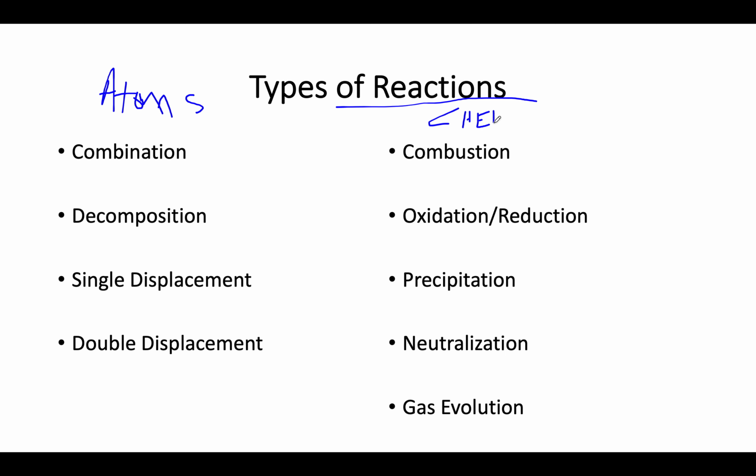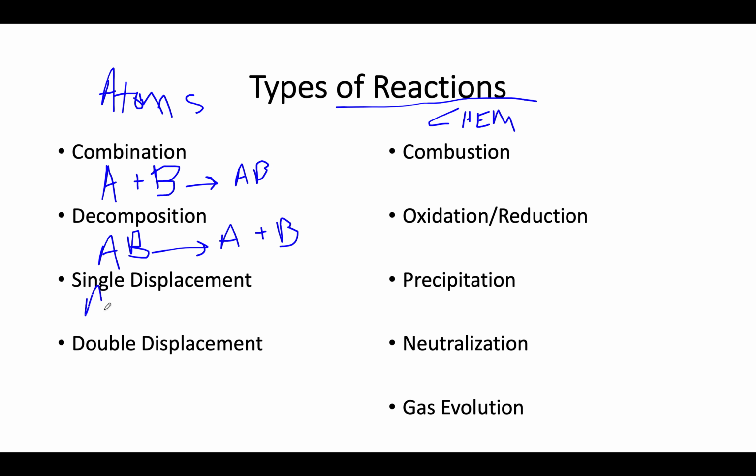So what I want to remind you of is combination. That's two substances that come together and form one substance. Then you can remember decomposition is just the opposite of that. That breaks apart into two things. And single displacement, one thing gets pushed out.